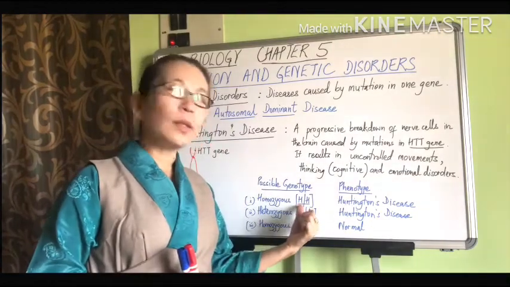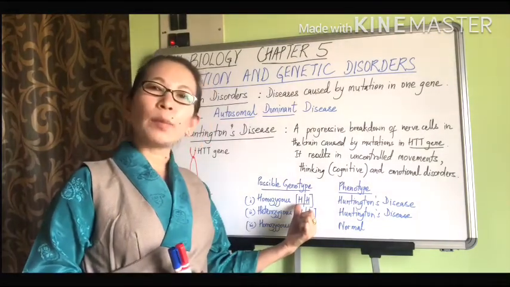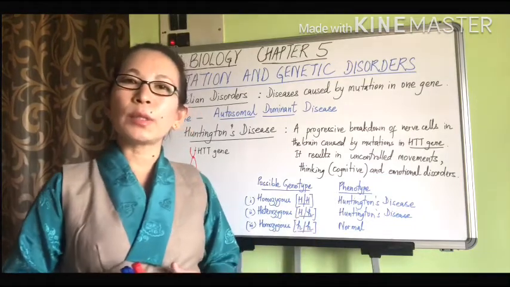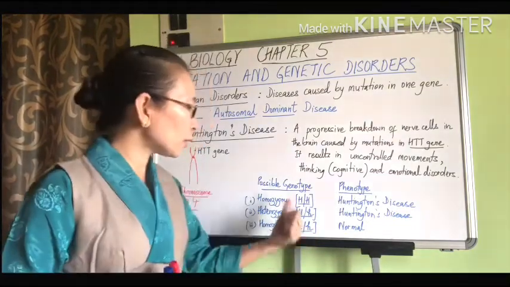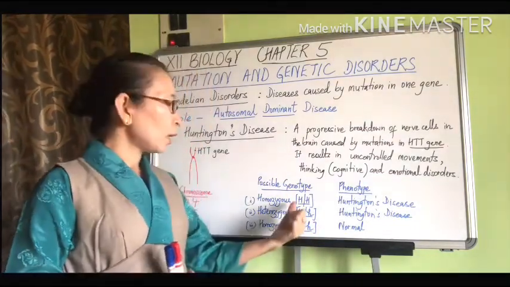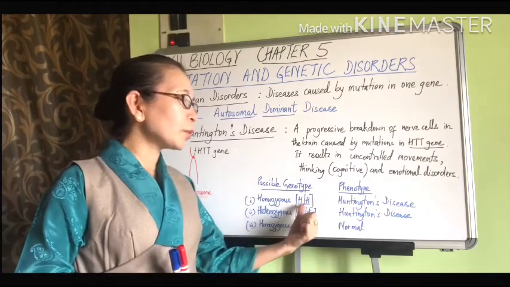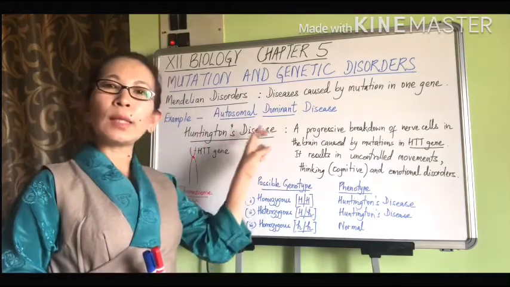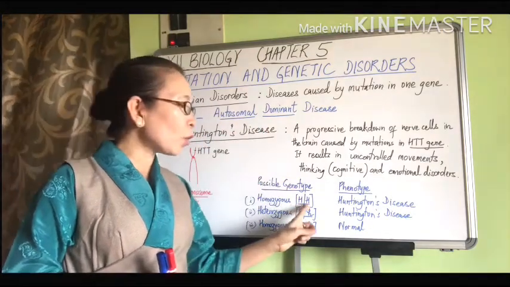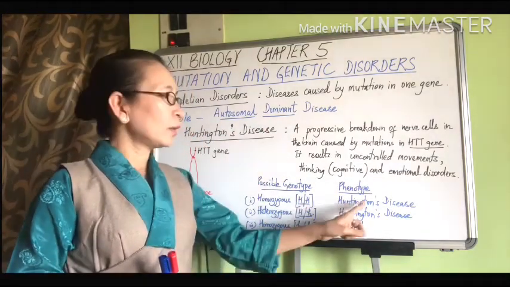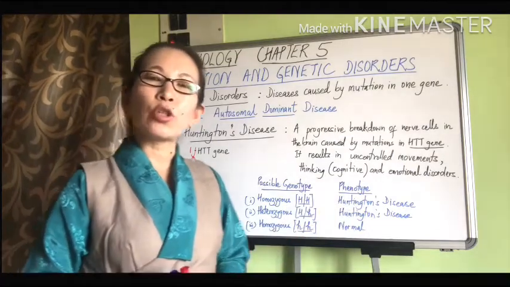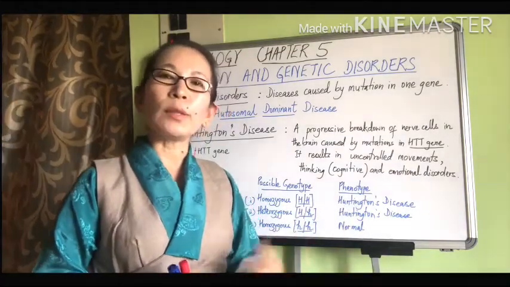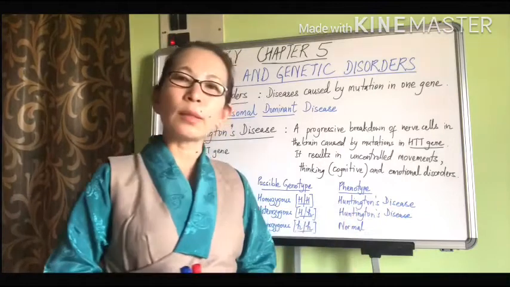The mutated allele is represented with capital H and the normal allele with small h. So here are the 3 possible genotypes. First is homozygous capital H, capital H. These individuals have 2 copies of Huntington's allele, and because of this, they express the phenotype, so they suffer from Huntington's disease.